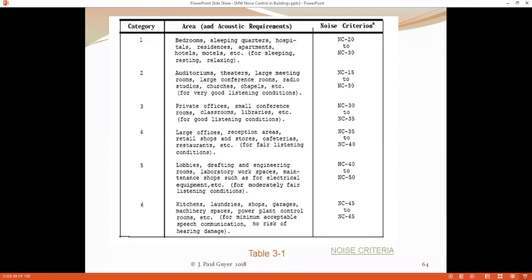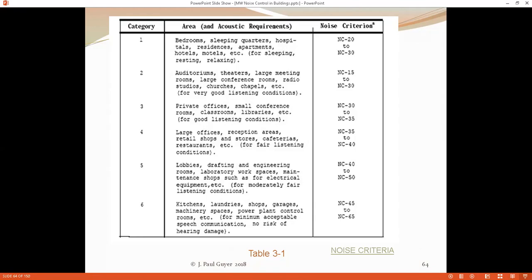There's nothing military or defense or governmental or anything like that about this table. It's just good common sense engineering technical guidance, and it defines 6 categories of human activity.